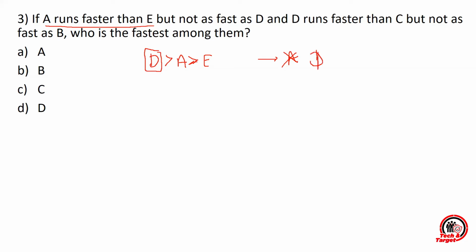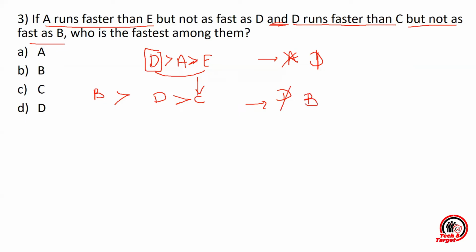Now they also say that D runs faster than C, so D is faster than C. If we consider all of these four, still D is the fastest person, but not as fast as B. So this means D is not as fast as B, so B is more fast compared to D. If we consider B as a person here, then the speed of B is greater than D. So the fastest among these 5 persons, 1 2 3 4 5, will be B, right?